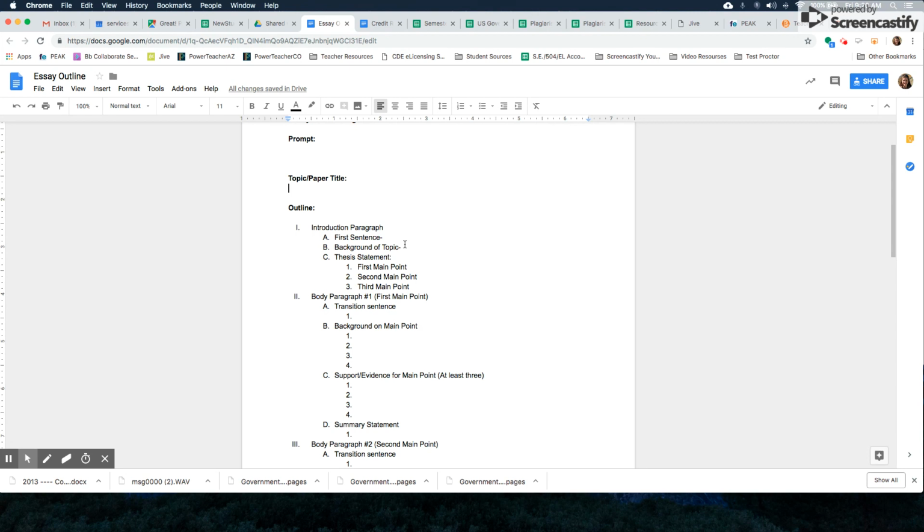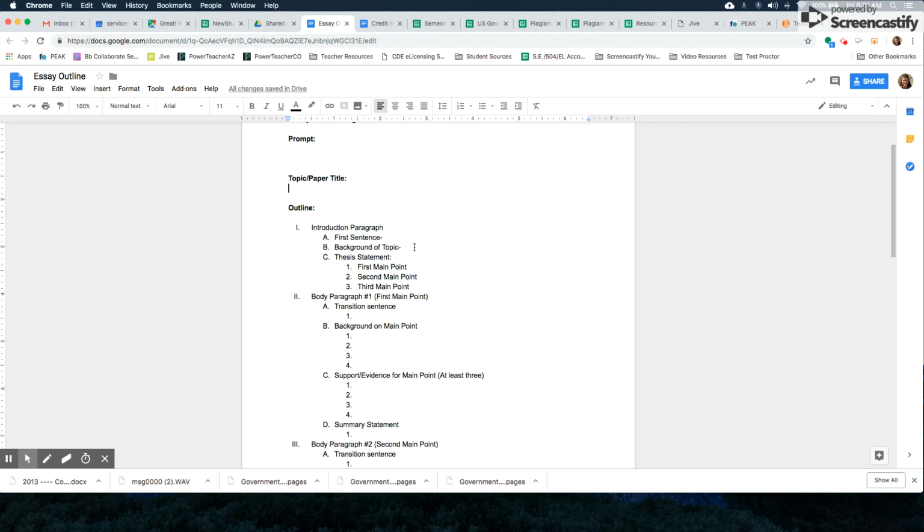For the next 2 to 3 sentences of your introduction paragraph, you want to give a background of the topic. In my example, this is when I would talk about how the founding fathers wrote the Constitution back in Philadelphia, that it's a living document, and that it is the foundation of our government and our laws on a national scale, and I could even include that states modeled a lot of their constitutions off of this Constitution.